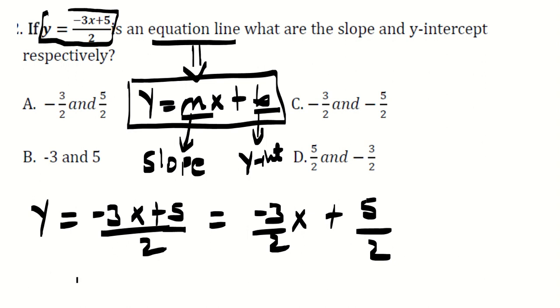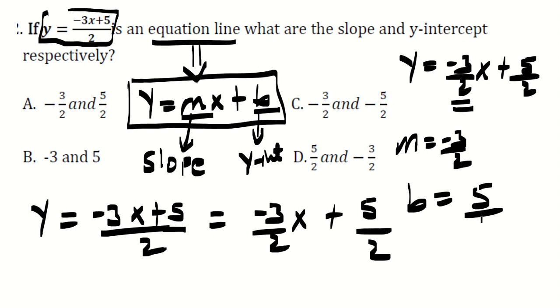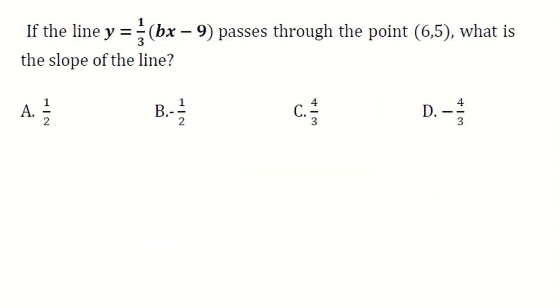Therefore now it's already written: y is equal to negative 3 over 2 x plus 5 over 2, which means the slope will be the coefficient of x. So the slope is equal to negative 3 over 2, and the y-intercept, or the b, is equal to 5 over 2. What's asked here? The slope and the y-intercept. The slope is negative 3 over 2 and the y-intercept is 5 over 2. So the answer is found in A.